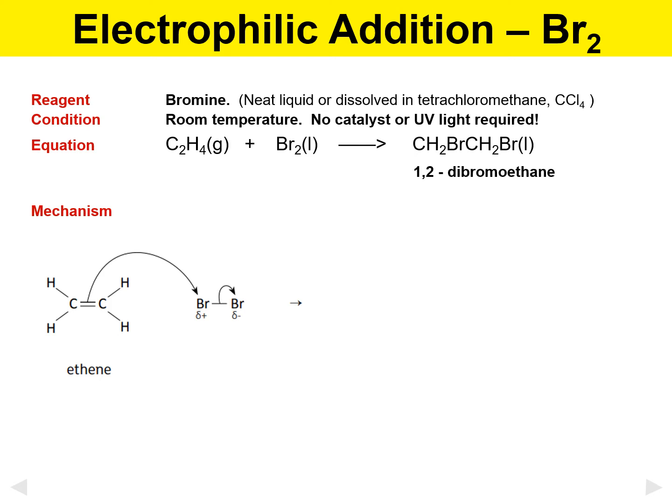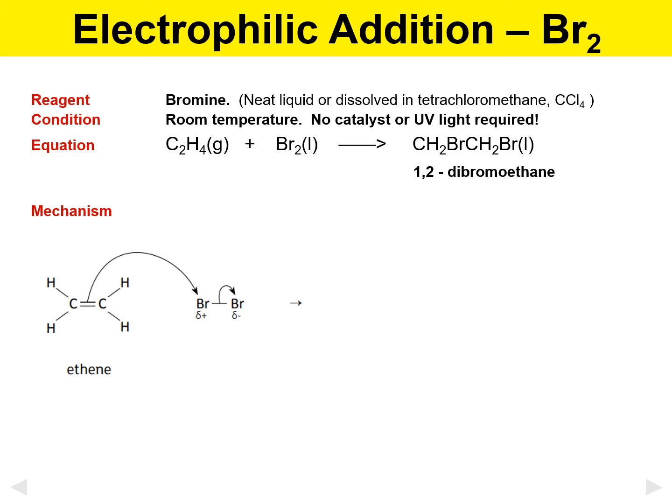The curly arrow shows the movement of a pair of electrons. The electrons move from the pi bond of the carbon-carbon double bond to the closer bromine atom. The electrons in the bromine-bromine bond move on to the further bromine atom. This bond then breaks, leaving a bromide ion.